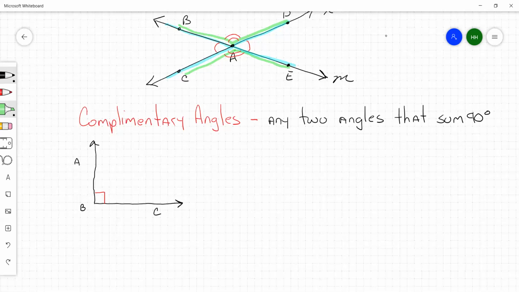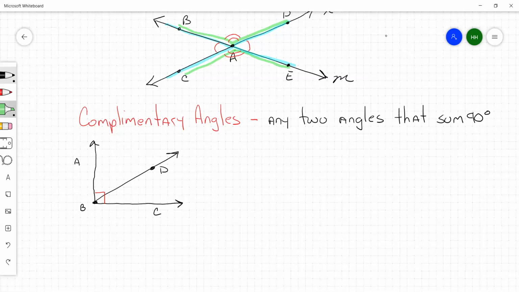Now if you put your pencil on point B and you take a ray out of B anywhere up and to the right, you just formed complementary angles. Since the original angle ABC was 90 degrees, ABD and DBC have to sum 90 degrees, because ray BD was in the interior of that angle.